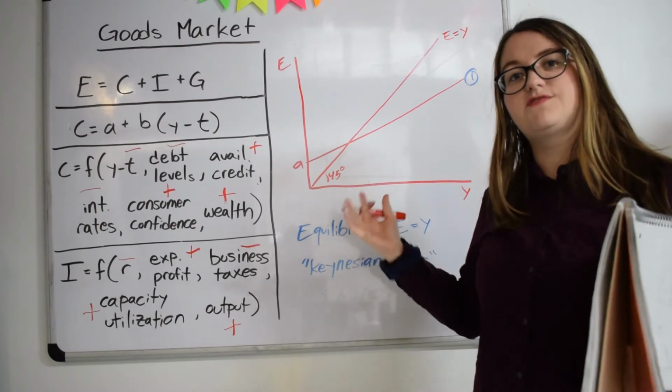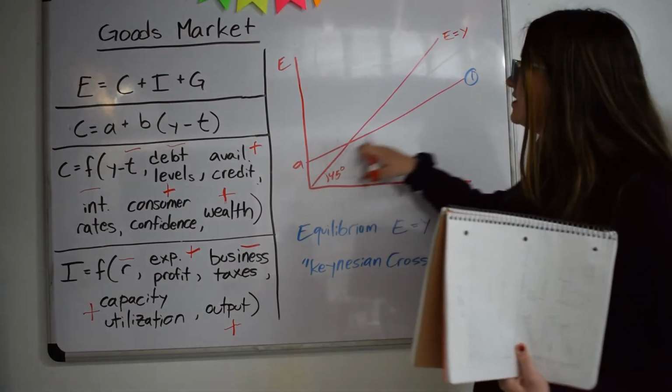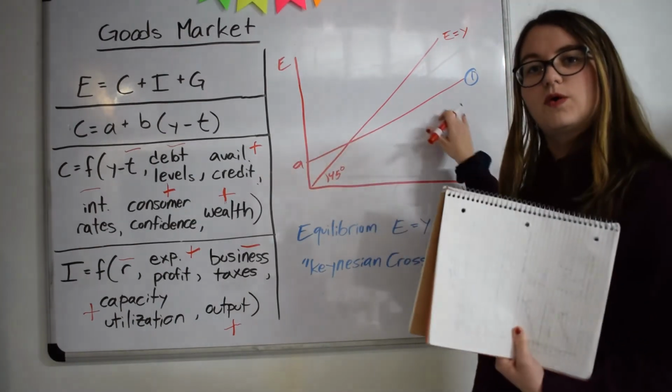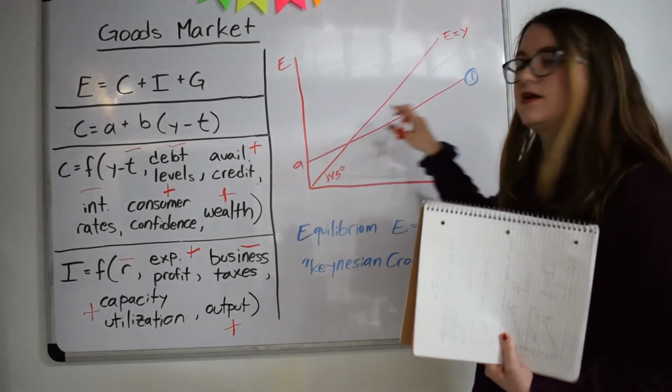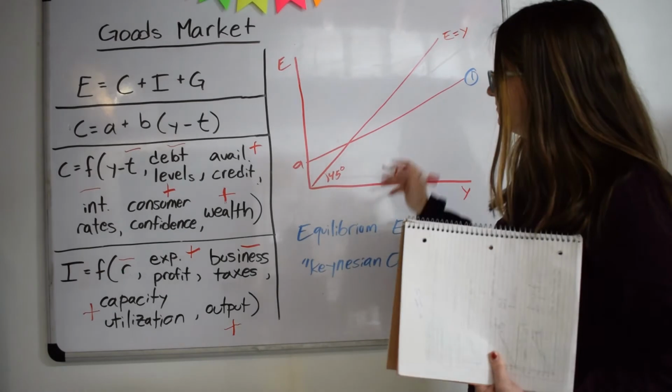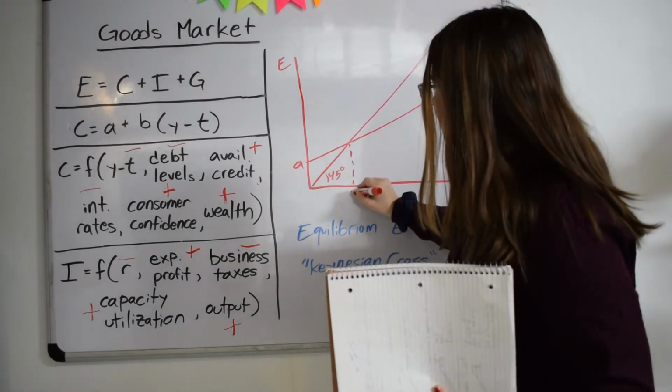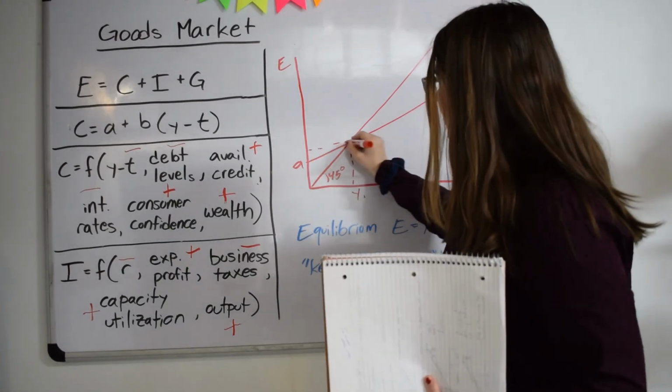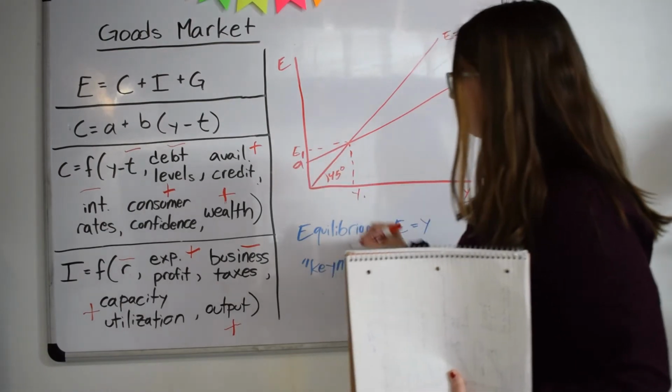When we start shifting this graph, only the expenditure line here will be tilting up or down. This Keynesian cross line will not be moving. So our equilibrium is at Y1 and E1.